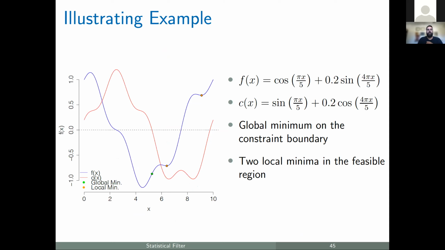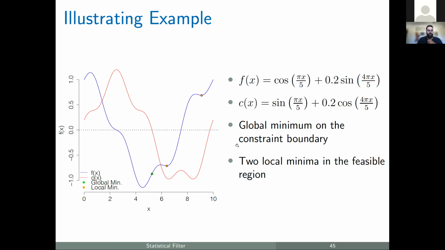Here's an example. This example was not in the paper, but I hope it helps elucidate some of the properties here. So imagine you have this blue curve, which is your objective function, and you have this red curve, which represents your constraint function. Typically, a problem that occurs very often in constrained optimization type problems is that the global minimum ends up being on the constraint boundary.